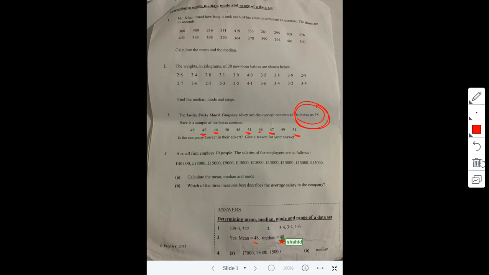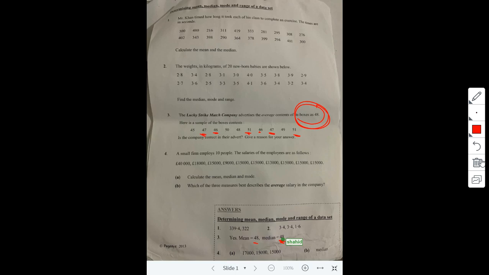Yes, that too, because one of the averages has to be the same. Either mean, median, or mode, it doesn't matter, but one has to be the same. They are definitely going to have different answers, but if one of the answers matches, you write that since the mean is equal to this, this is the correct answer.